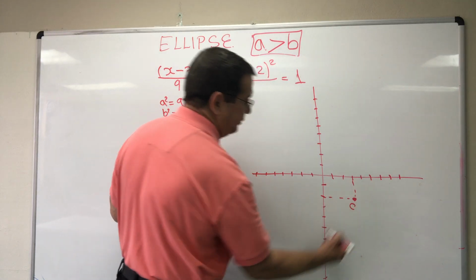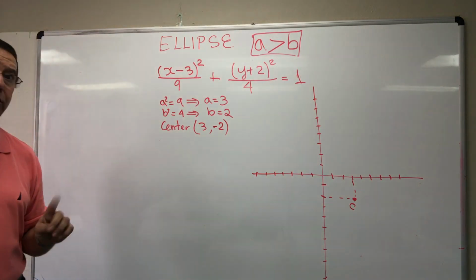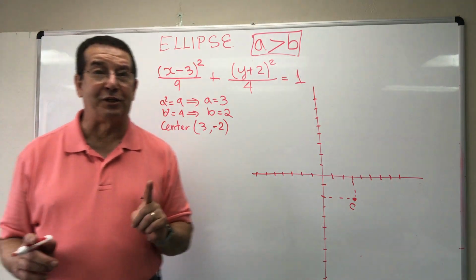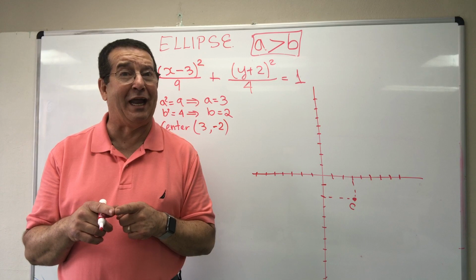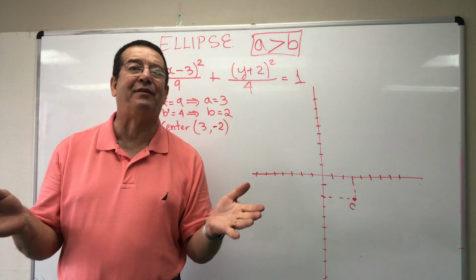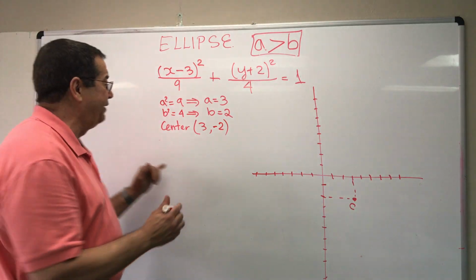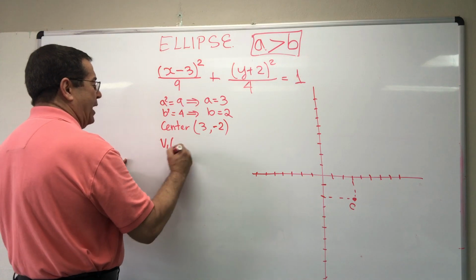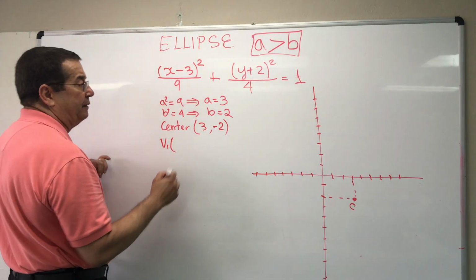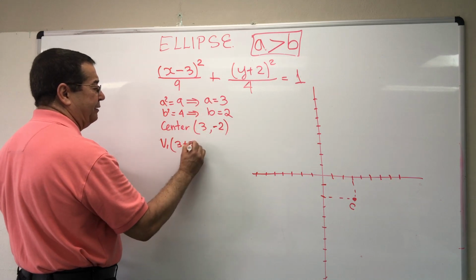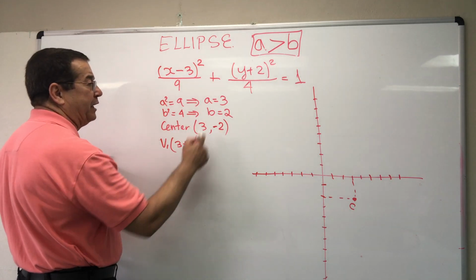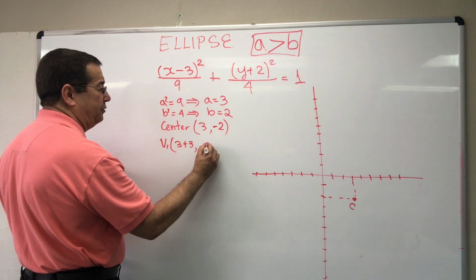Remember, this is horizontal. From this center, I move a to the right and I move a to the left, and I have the vertices. Because remember, vertex 1 is the center 3 plus the value of a, which is 3, and you keep the value of k, negative 2.